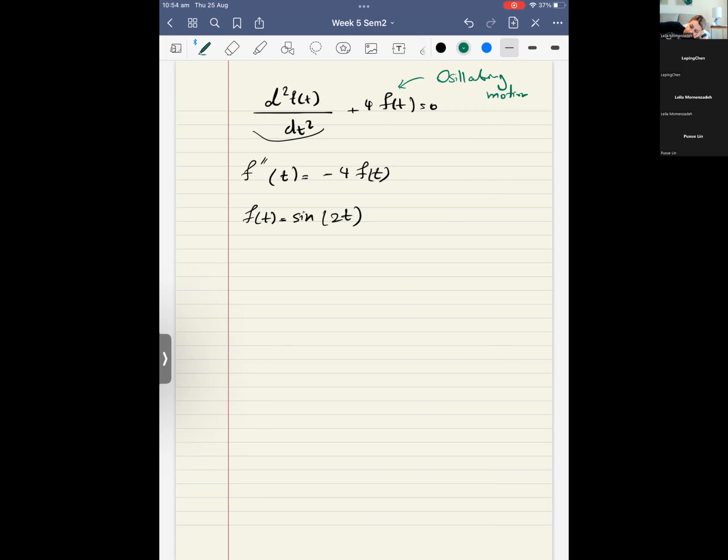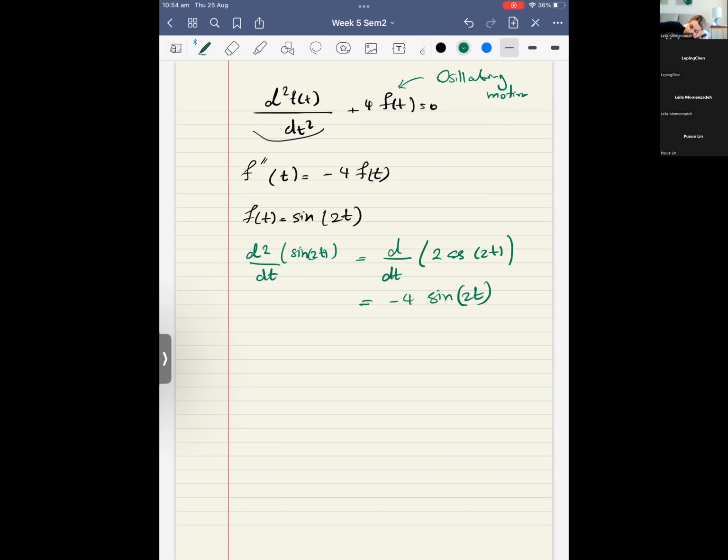And if I check here, d2 sine 2t over dt2 would be equal to d over dt of the first derivative, which is 2 cosine 2t, and the second derivative would be minus 4 sine 2t.